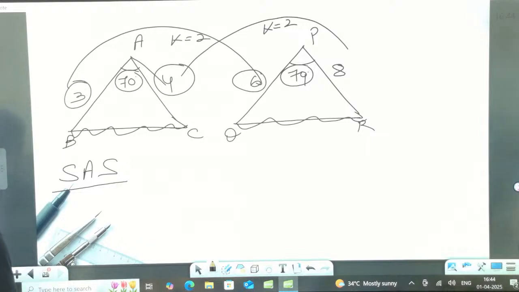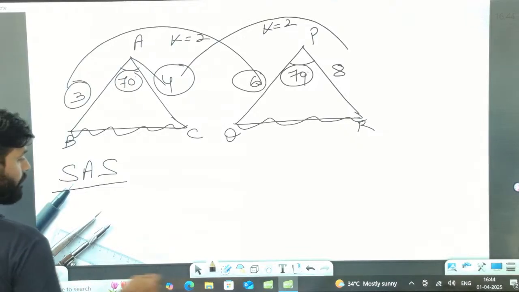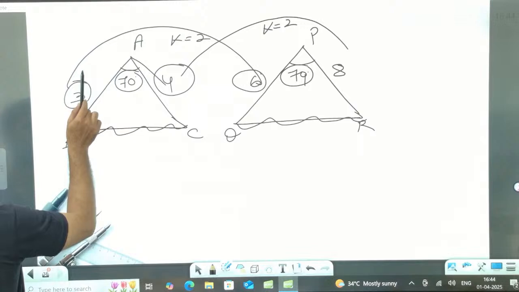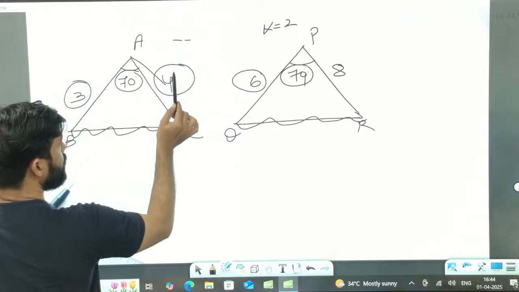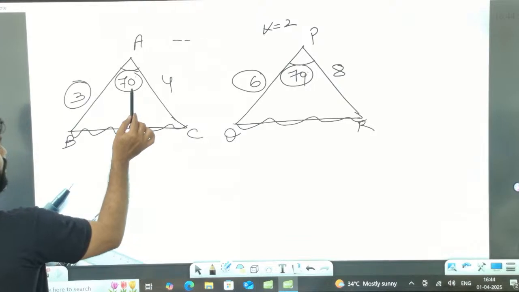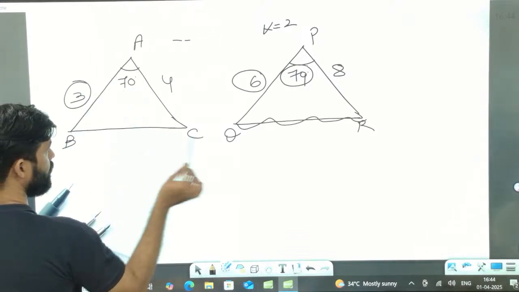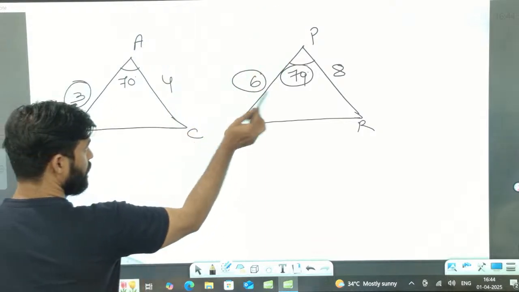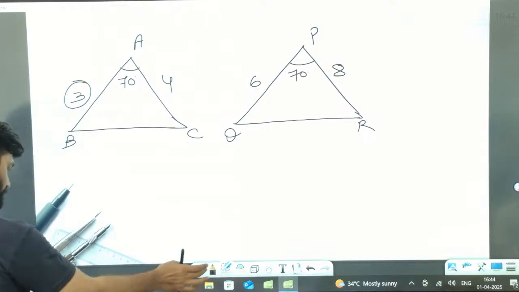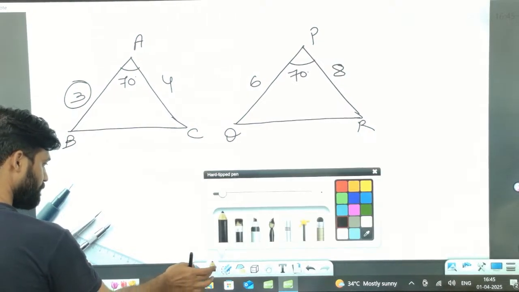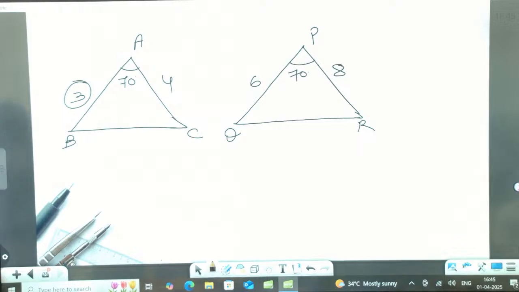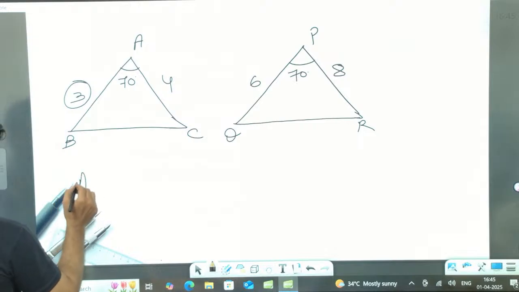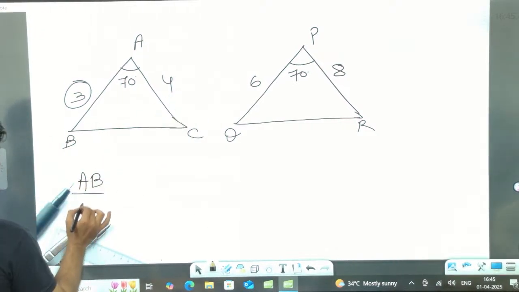So write one property, a very simple one. In similarity, what we can derive is very simple: I can write AB upon PQ.